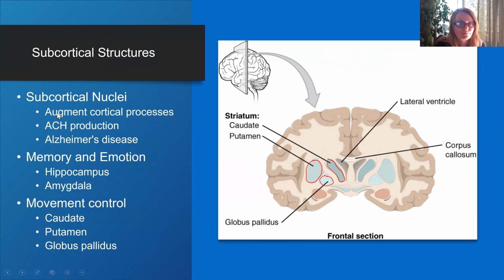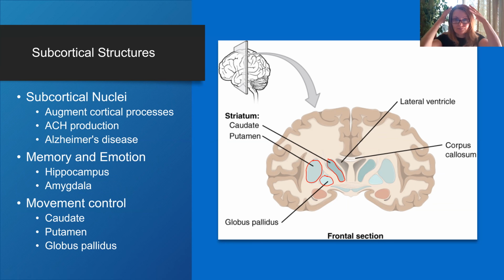important in processing of information from the cortex, especially the motor information. So a lot of the subcortical nuclei are responsible for your movements, right?